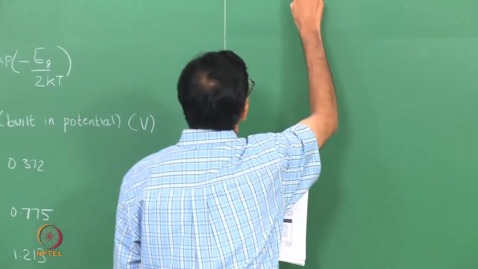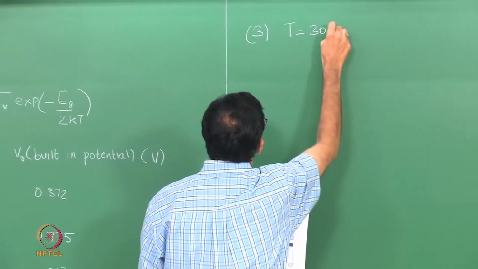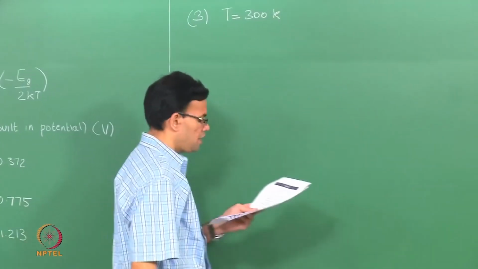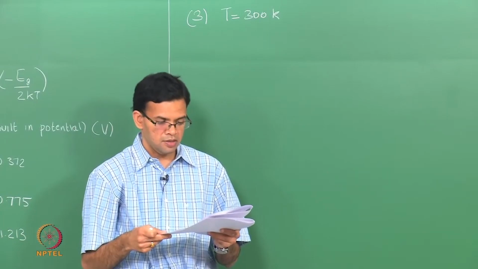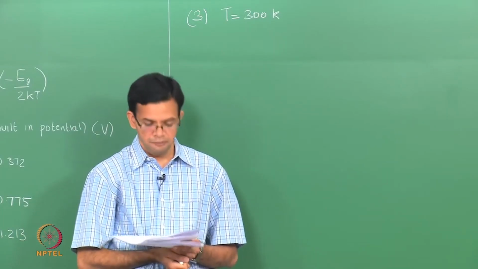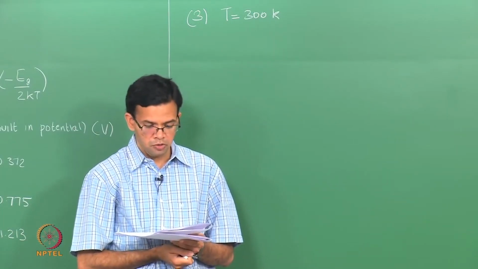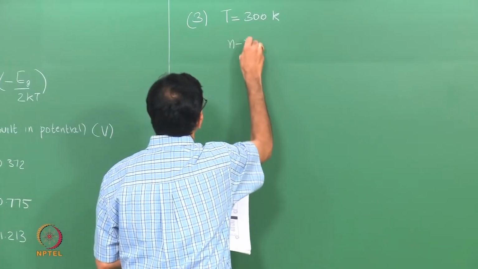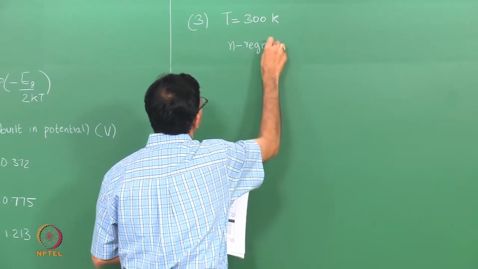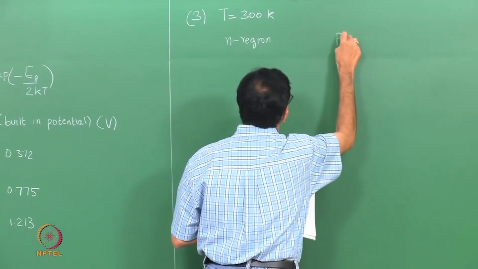So, temperature T is 300 Kelvin. It is doped in such a way such that Ec minus Ef is 0.21 electron volts in the N region. So, you have an N region and you have a P region.